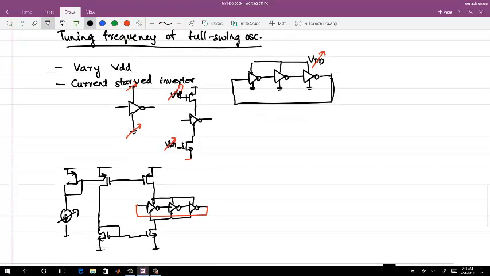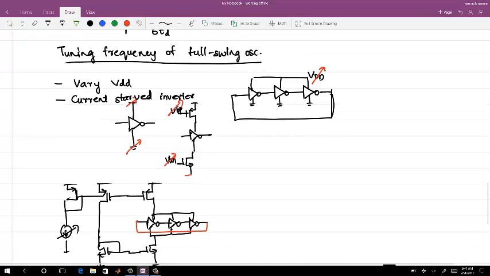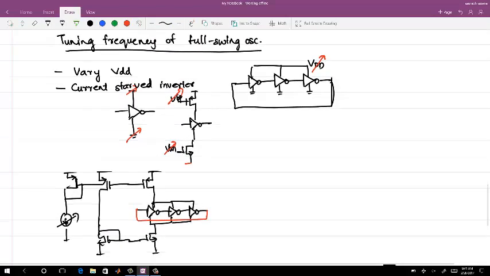So what is another way? Let me ask you: if I vary the VDD of the inverter and I do not vary the ground of the inverter, what do you think will happen to the duty cycle? Let's put it this way. In one case, let's say VDD is full, which I am plotting.